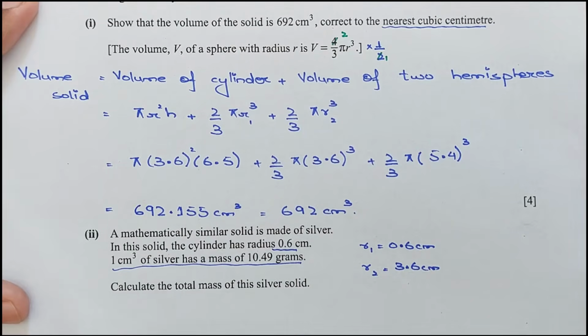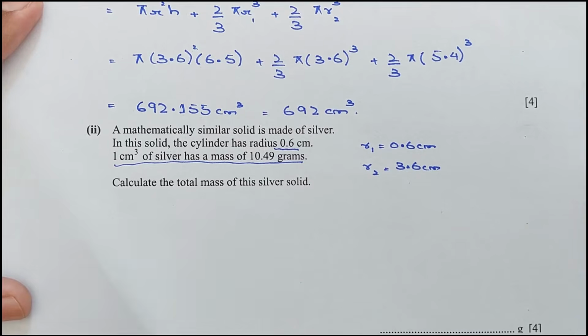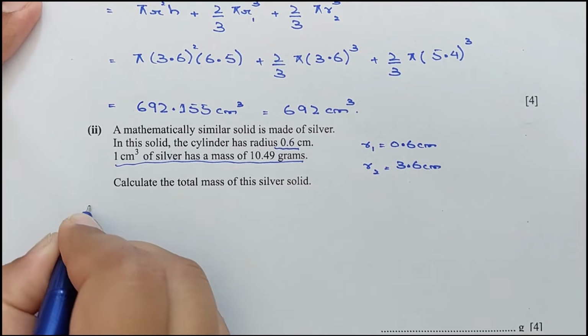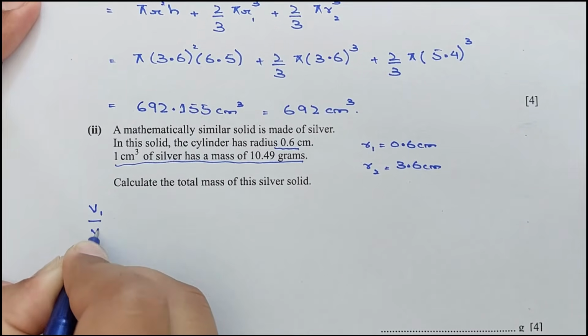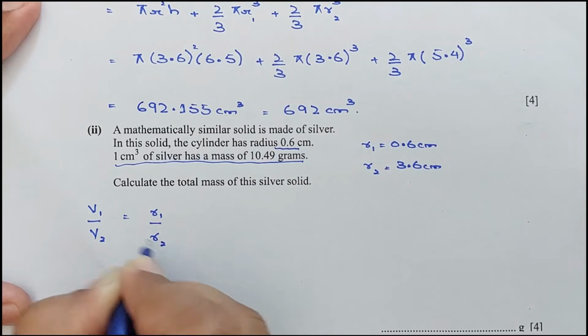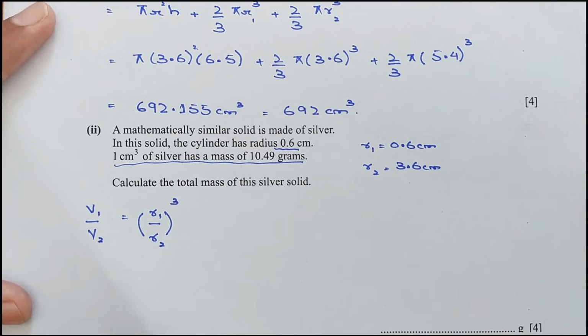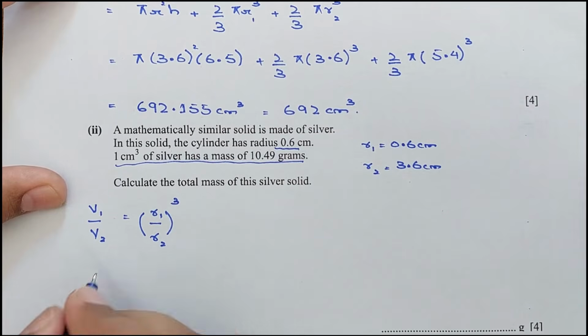Calculate the total mass of this silver solid in grams. Since they are mathematically similar, we compare the volumes: volume 1 over volume 2 equals radius 1 over radius 2, its whole cube.